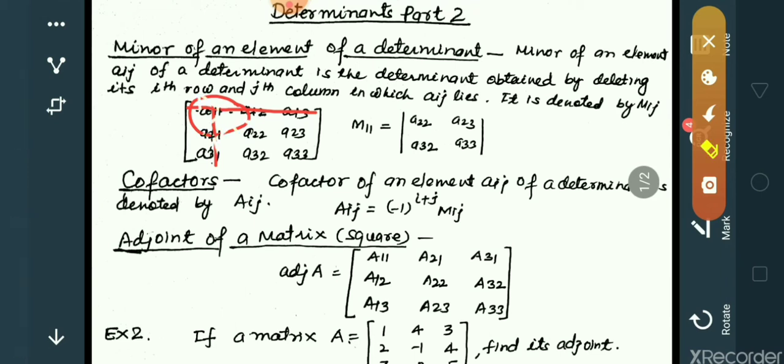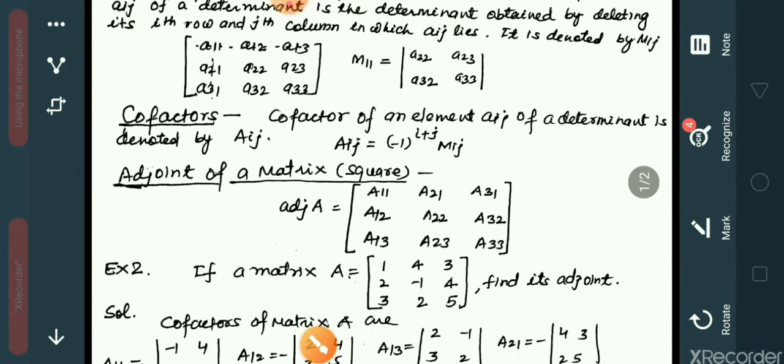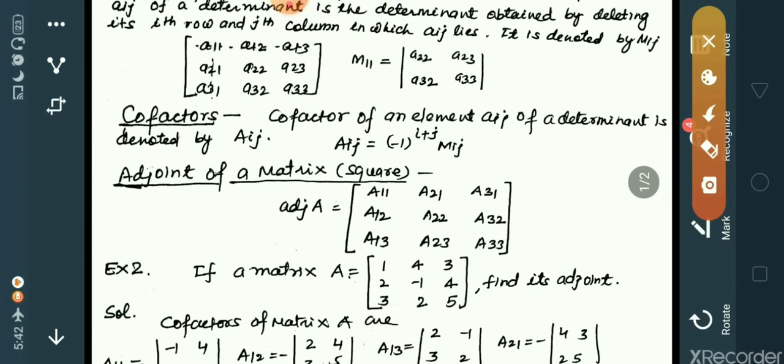Let's move to cofactor of a matrix. Cofactors and minors are interrelated. Here you can see, the cofactor of an element Aij of a determinant is denoted by capital Aij. I repeat it, Aij.